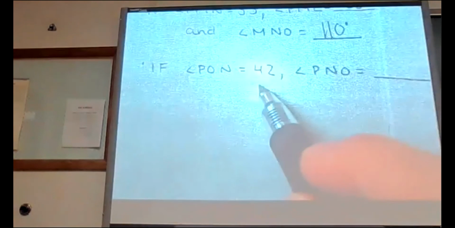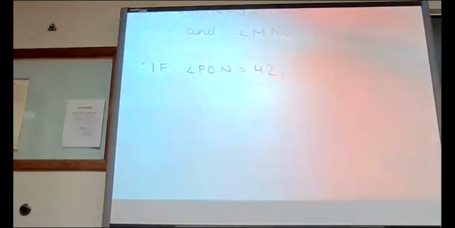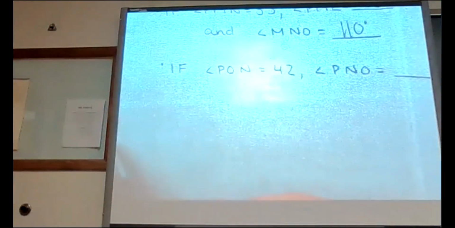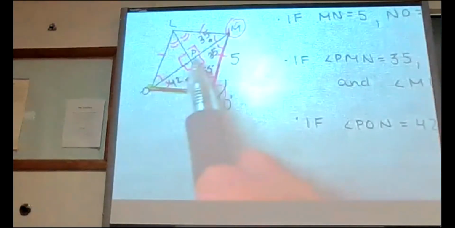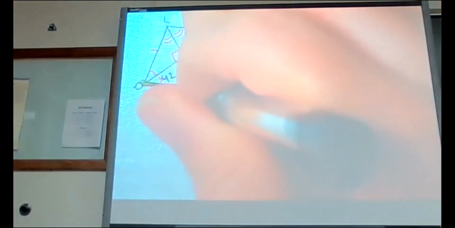And then PON here is 42. This is a different problem, so I'm going to erase the other angle that I have there. Then PNO. Okay, so this stuff was a separate question. So it's saying this is no longer true. If I know that that's 42, how would I find this angle here?